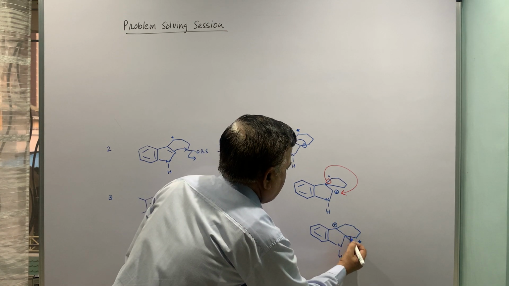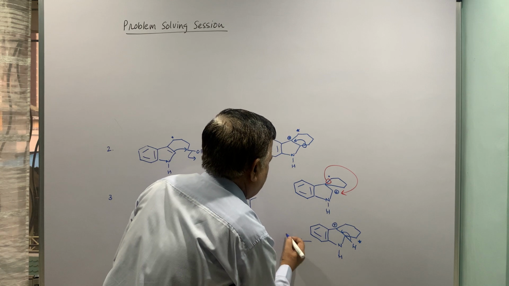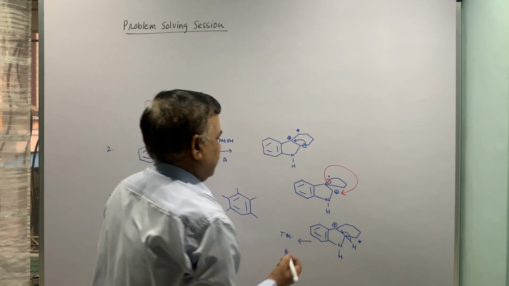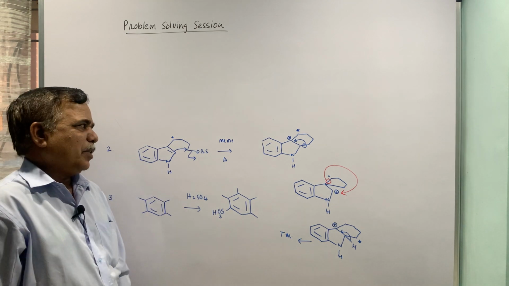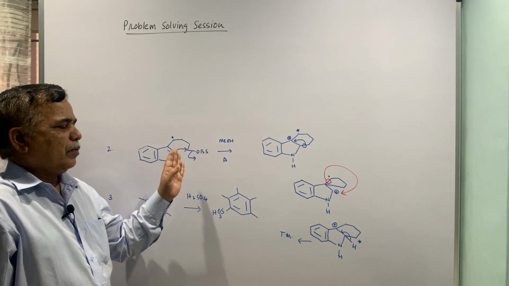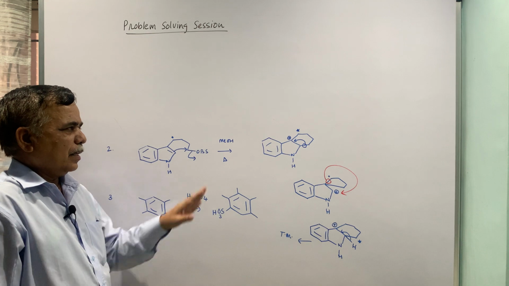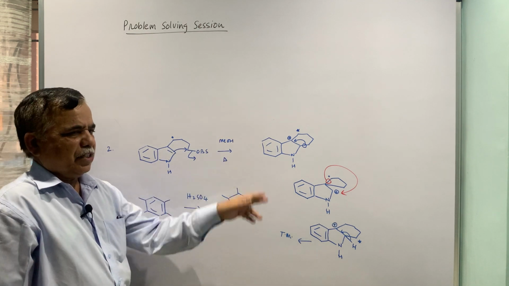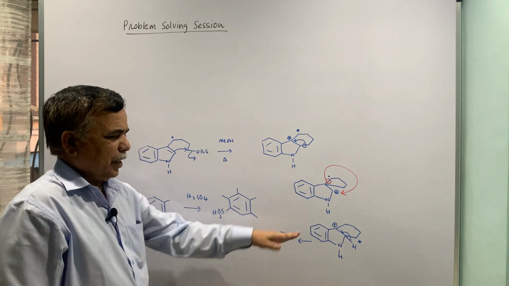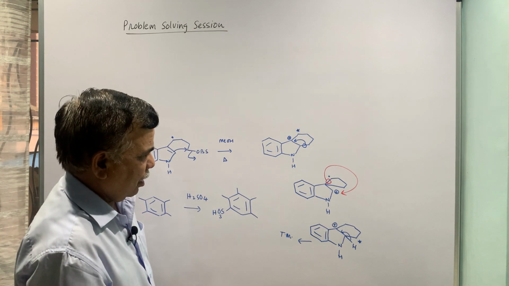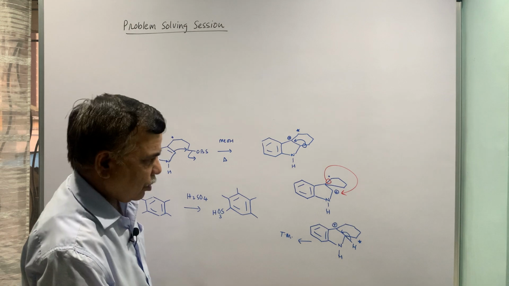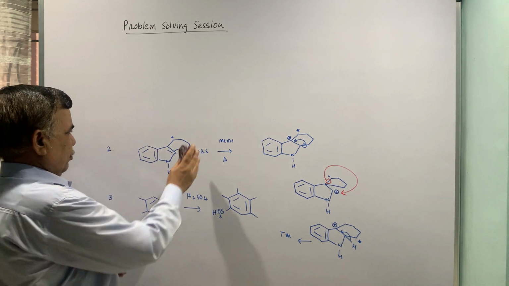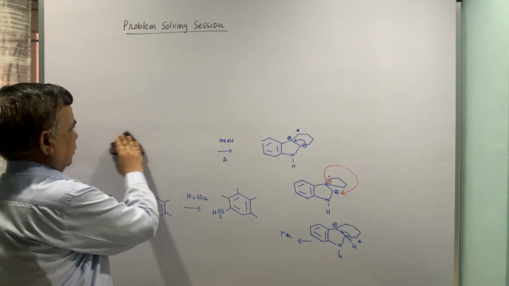Loss of proton can give you the target molecule. So, it is a Wagner-Meerwein type rearrangement initiated from the formation of carbonium ion, and then two migrations can give you this intermediate, which eventually loses a proton. You can show that OBs is abstracting a proton, so proton loss can give you the desired product.